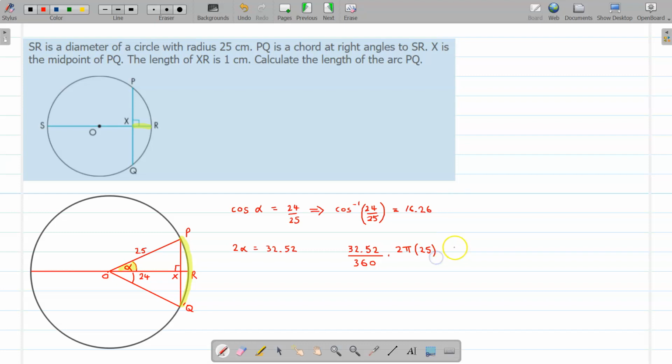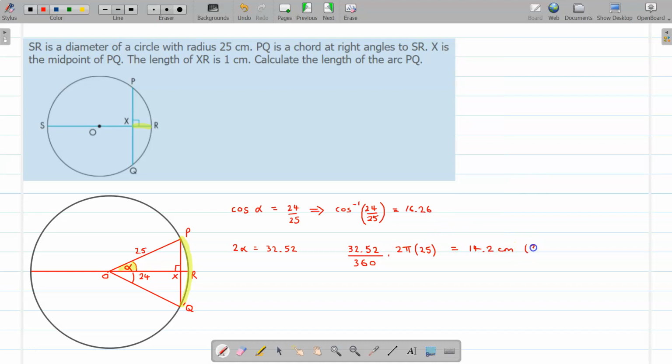Now if you put that onto the calculator, that division, multiplied by 2 times pi times 25, that gives you 147.2 centimeters to 3 significant figures.